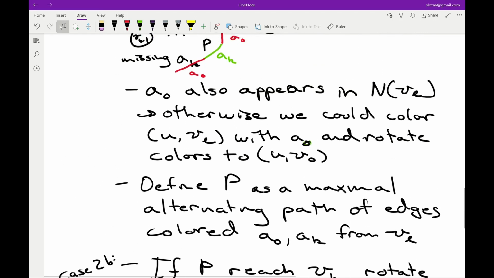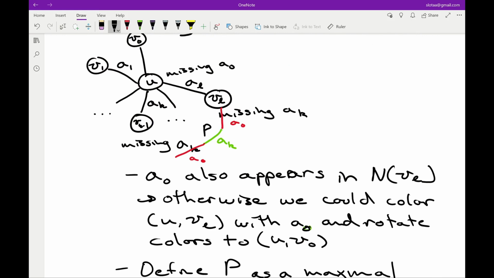The idea here is if we reach some vertex on this path, say V sub K, looks like this should be K minus 1, because this color is A sub K. So essentially, let's swap this.